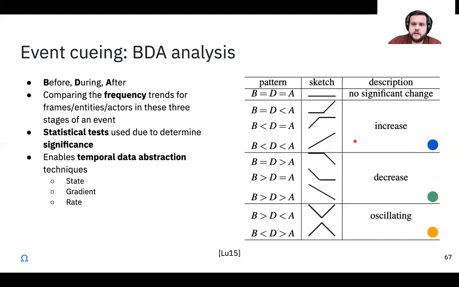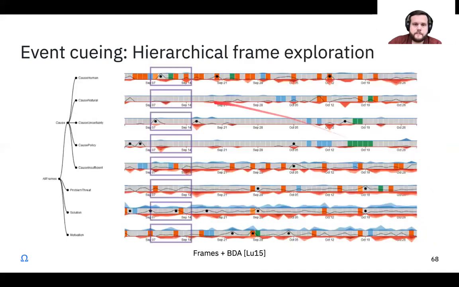So let's roll with this. Here we see that the human cause has been oscillating quite a lot. Here it increased. Here it was oscillating again. Different shades of these colors are different types of increases, decreases, and oscillations.